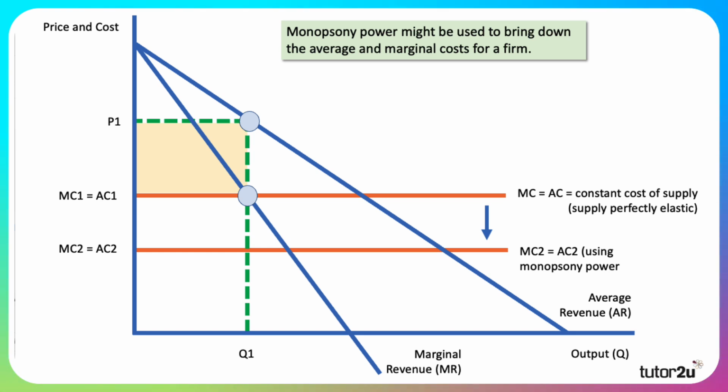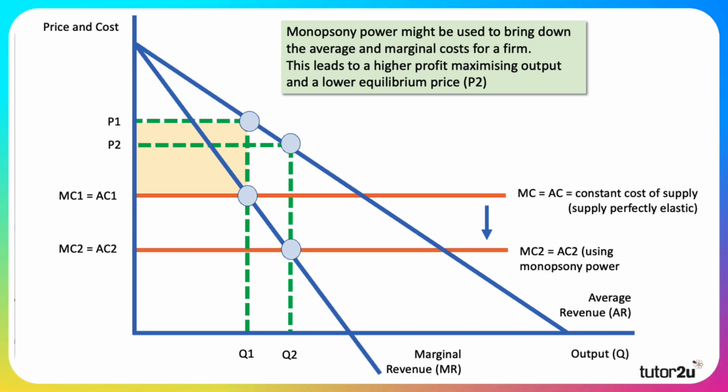Now, monopsony power, as a firm scales up production, can be a very significant economy of scale. So monopsony power might be used to bring down the average and the marginal cost for a business because they're getting a much better price from their suppliers. If that happens, MC1 shifts down to MC2 and AC goes with it.